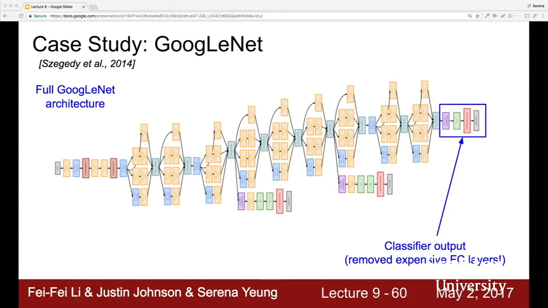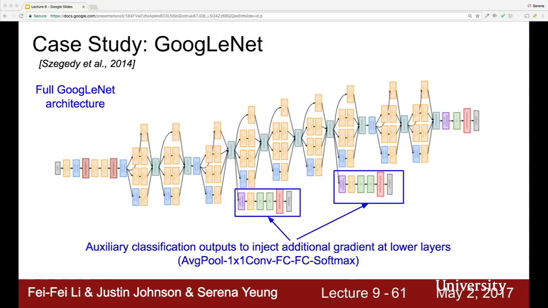And notice here that they've removed the expensive fully connected layers. It turns out that the model works great without them, and you reduce a lot of parameters. And then what they also have here is a couple of extra stems coming out. These are auxiliary classification outputs.